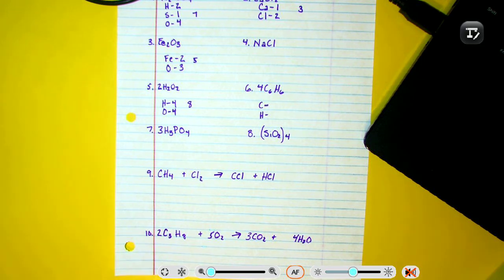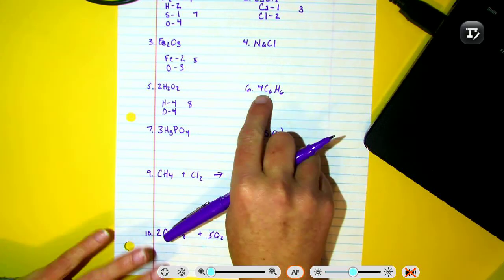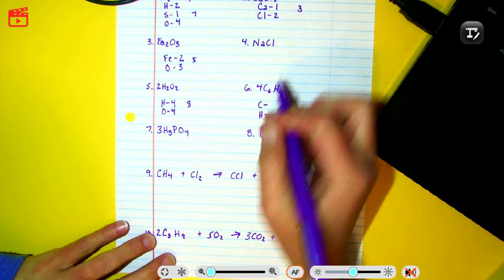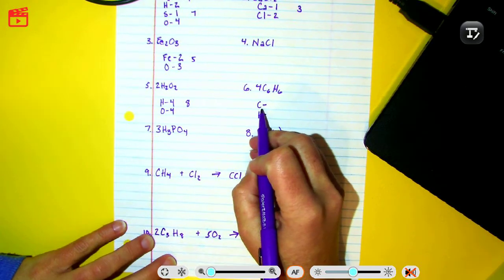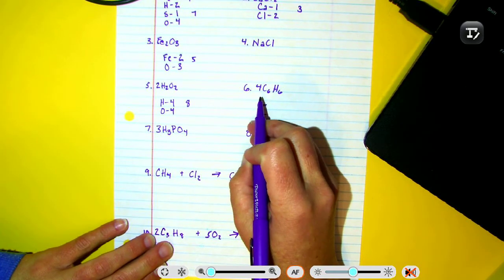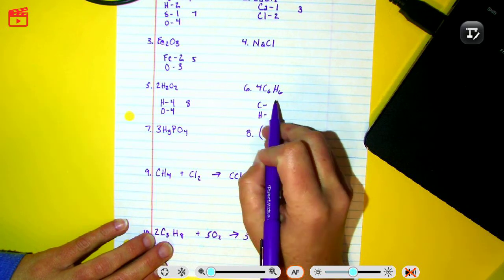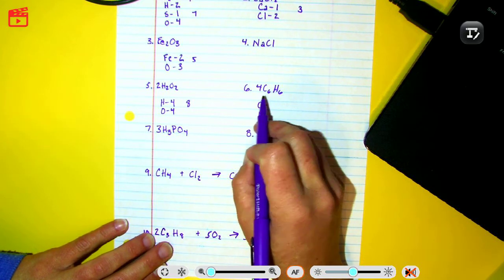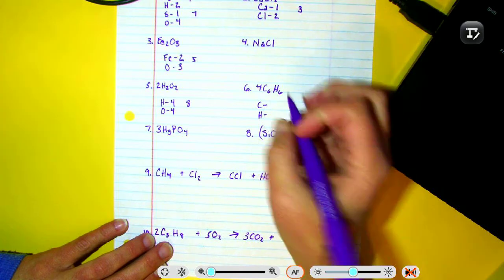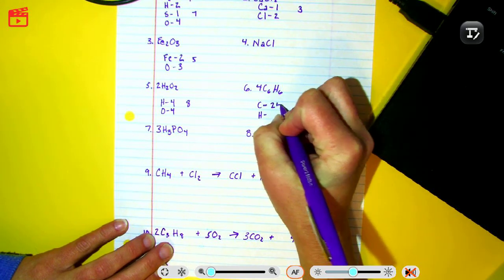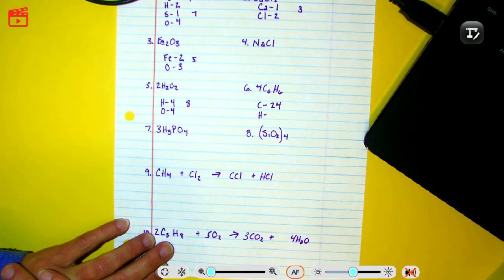Yes, I do. What is my coefficient? It's 4. So whenever I'm solving for carbon, C, what do I do with my coefficient? I multiply it by the subscript. So 4 times 6 is going to be 24. So I have 24 carbon atoms in 4 molecules of this C6H12.